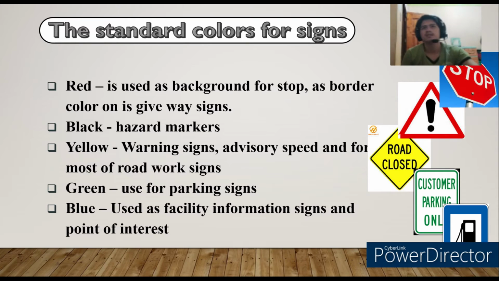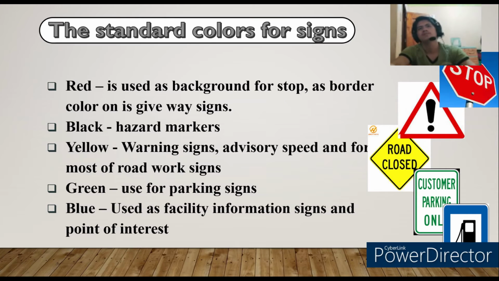Road markings or humps, as we observe on the road, always have a mix of black colors, so black and yellow or black and white. It means very dangerous markings and conveys the message that drivers must be extra careful and use extra caution when seeing those kinds of colors of sign.